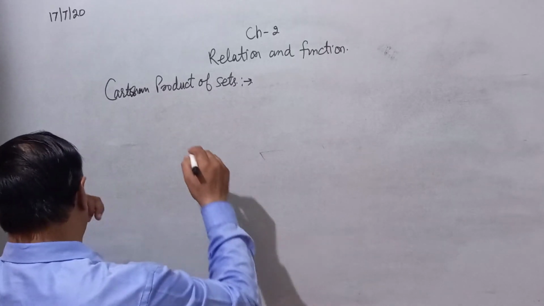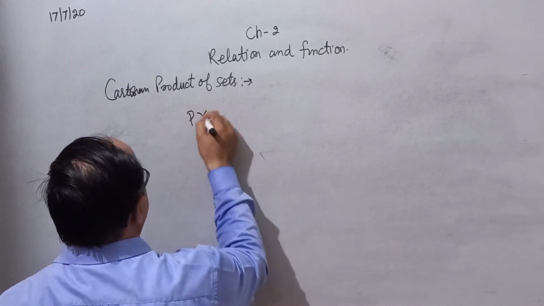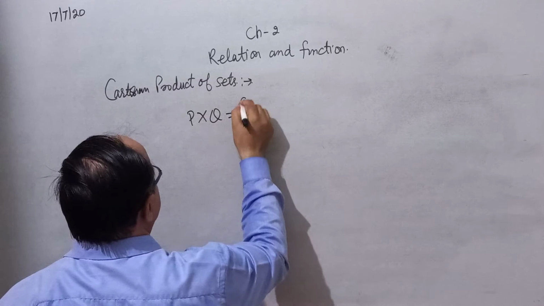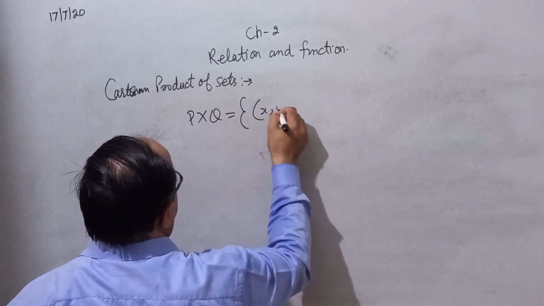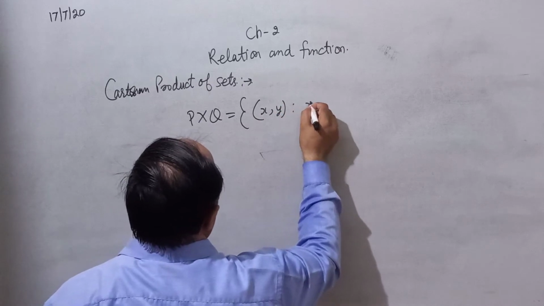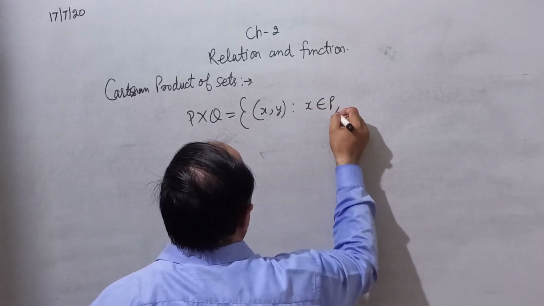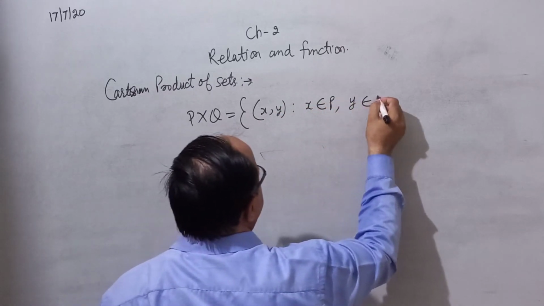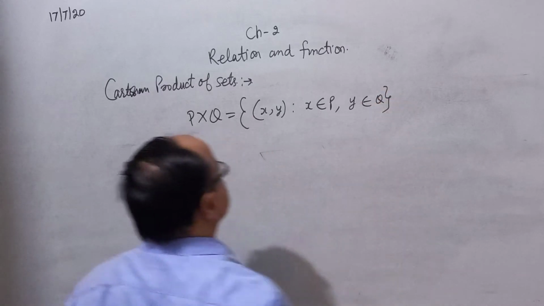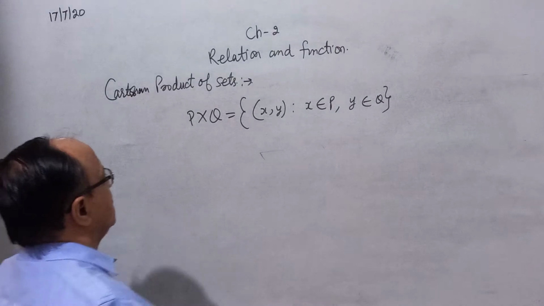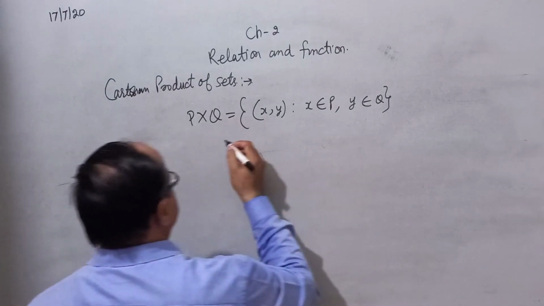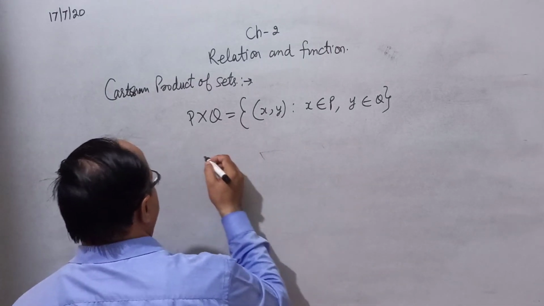Then you can find P cross Q, the ordered pairs (x, y) such that x belongs to P and y belongs to Q. This is the Cartesian product of the sets.